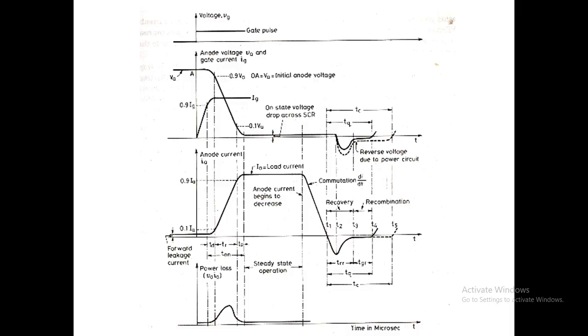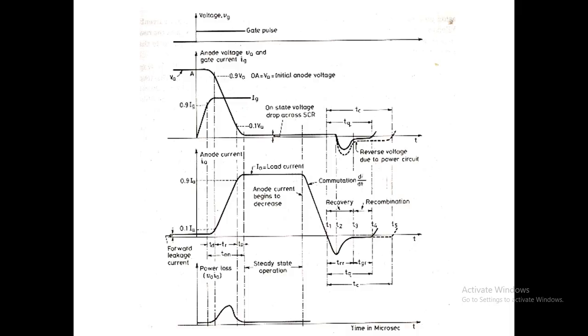The anode current will be in a minimum area after the application of the gate pulse. When the gate pulse is removed, the SCR loses its control to turn off. So first, we have the delay time.